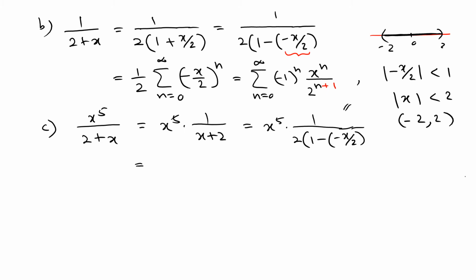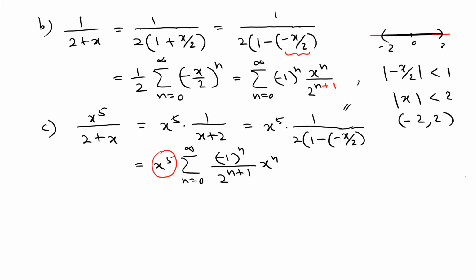So since we know the answer, I'm going to skip that part. So we can see that this is x to the 5th, and then our answer was sigma, going from 0 to infinity, negative 1 to the n over 2 to the n plus 1 x to the n. That's what we get. And then what we can do, we're going to bring this term inside.